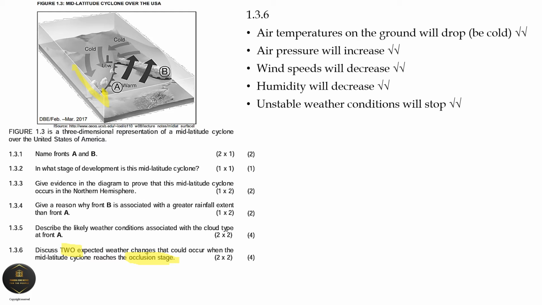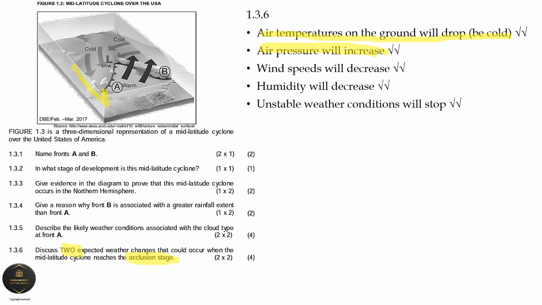Now, in the occlusion stage, air temperature on the ground will drop. Why? Because cold air will occupy the surface while warm air will be in the upper atmosphere, and the air pressure will increase. Remember why? Because we have low temperatures.